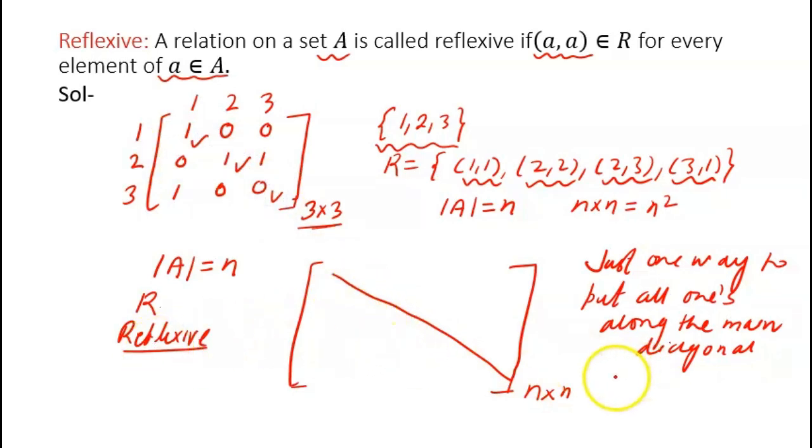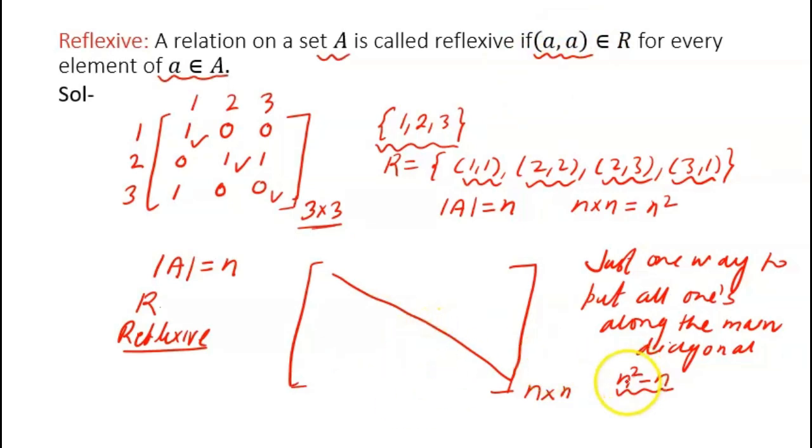And how many remaining elements will there be? When I say remaining elements, those lying below the main diagonal and those lying above the main diagonal, that will be n square minus n. Now, since we already have the required ones, because for the relation to be reflexive, the only thing we look for is whether all AA kind of elements are present in the relation or not. I don't care about the rest of the entries.